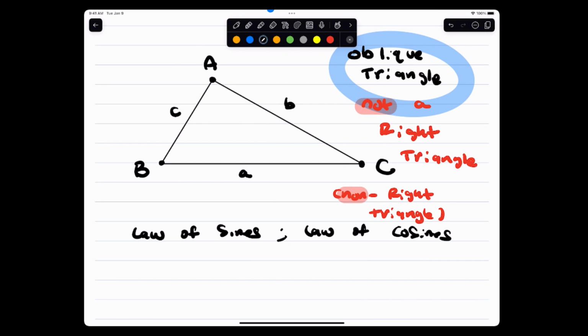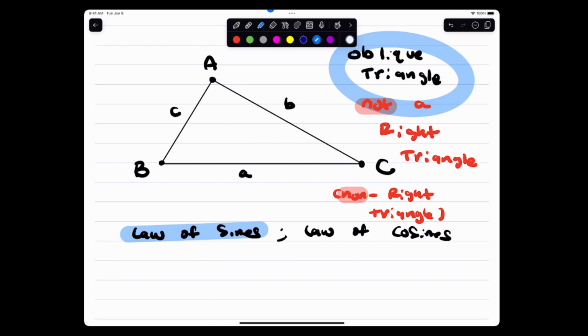So we get to study some of this stuff. All right? You guys with me on that? There's some work to do when we solve these oblique triangles. So, law of sines and law of cosines. So we're going to start with the law of sines here, okay? And I'm going to prove it to you, I believe.